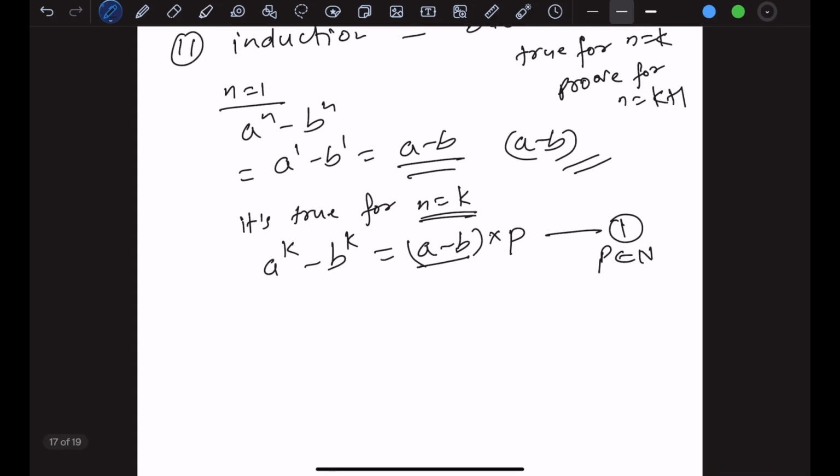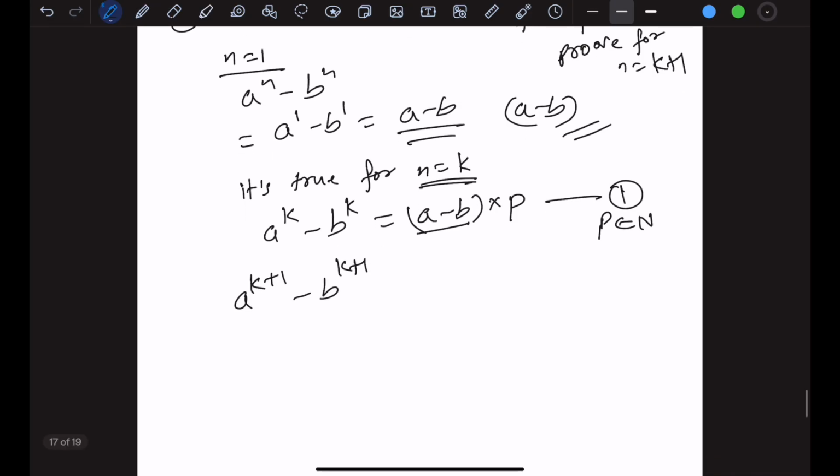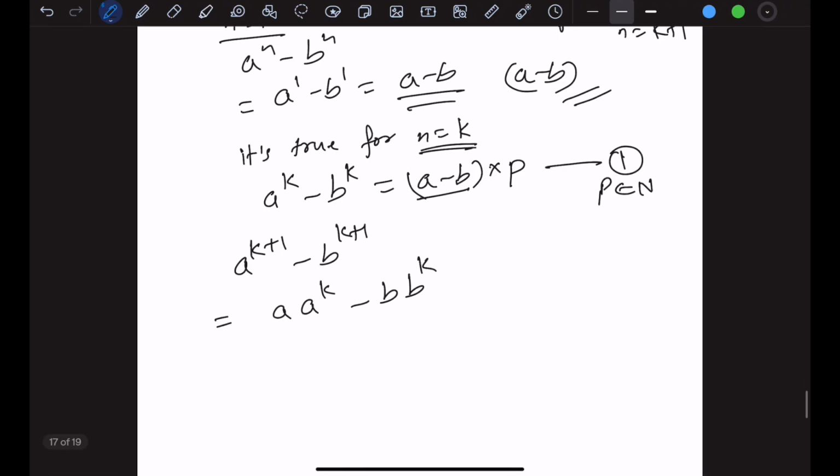So we have assumed this. We have to prove it's true for k plus 1 as well. So a to the power k plus 1 minus b to the power k plus 1 is equal to a into a to the power k minus b into b to the power k, right?